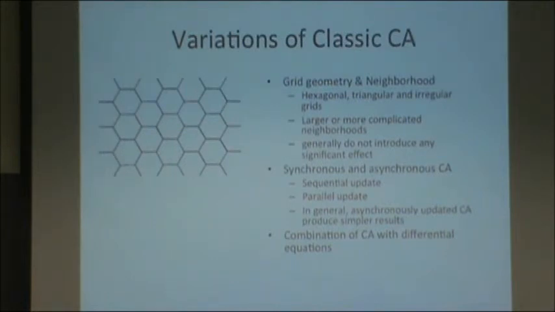Parallel or sequential, actually I misspoke. Asynchronously updated cellular automata produce simpler results. The patterns are somewhat similar, but at the end, you don't get as complicated patterns as you would with synchronous update, which I find counterintuitive.